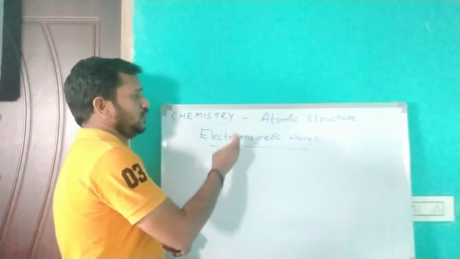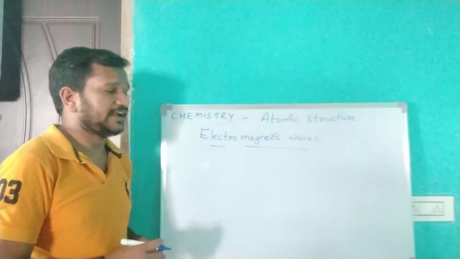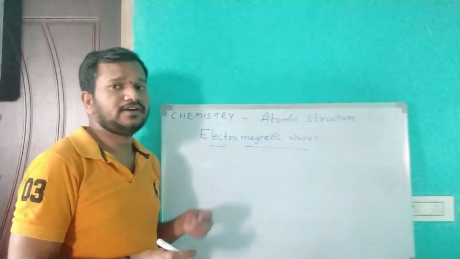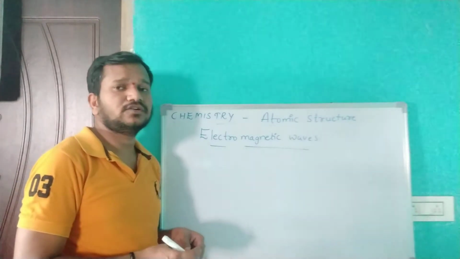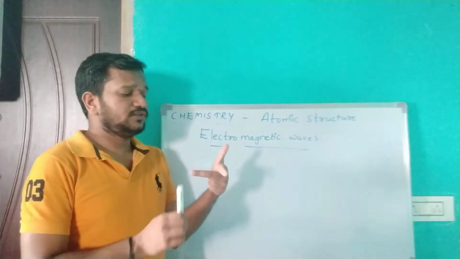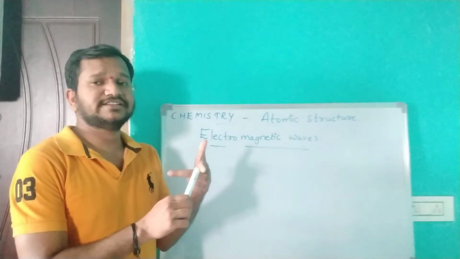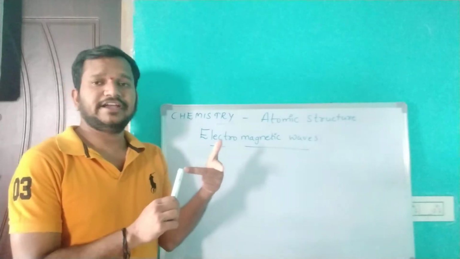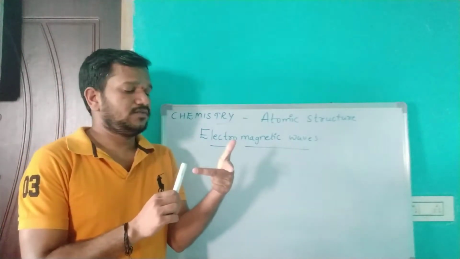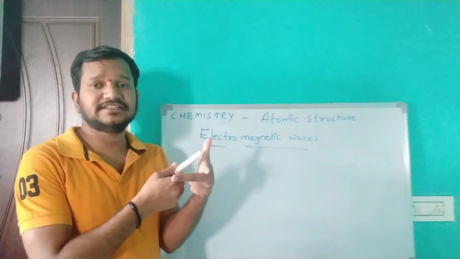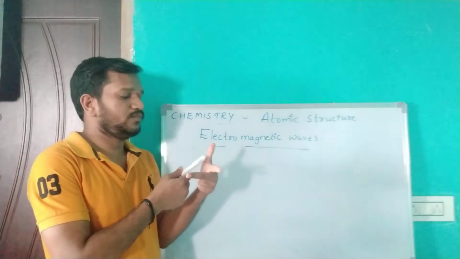To understand electromagnetic waves, we can make use of Fleming's left hand rule. If I take these three fingers, the forefinger represents the oscillating electric component, the middle finger represents the oscillating magnetic component, and the thumb represents the direction in which the wave is moving.